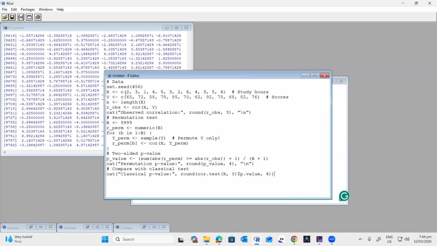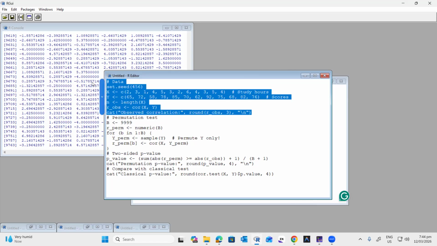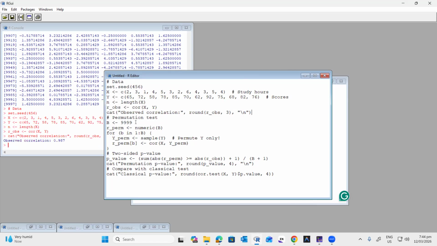In X we have the number of study hours, and in Y we have the scores in the test, and n is the length of X, because the length of X and the length of Y are the same. After that we observe the sample Pearson correlation between X and Y. Then we use the permutation test and replicate 9999 times.